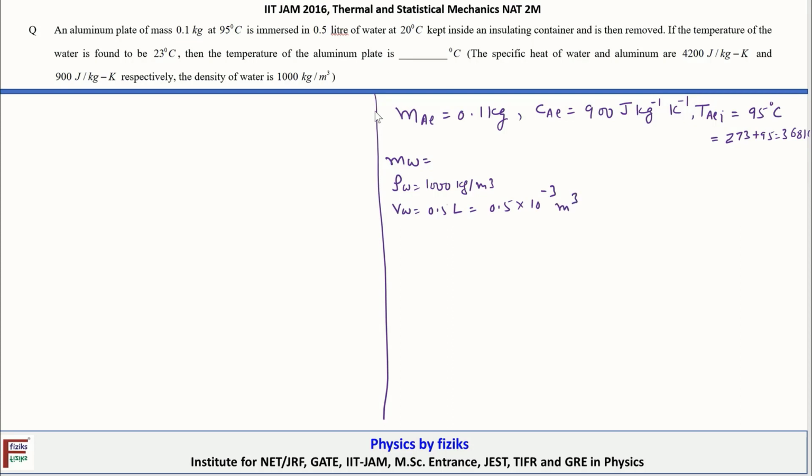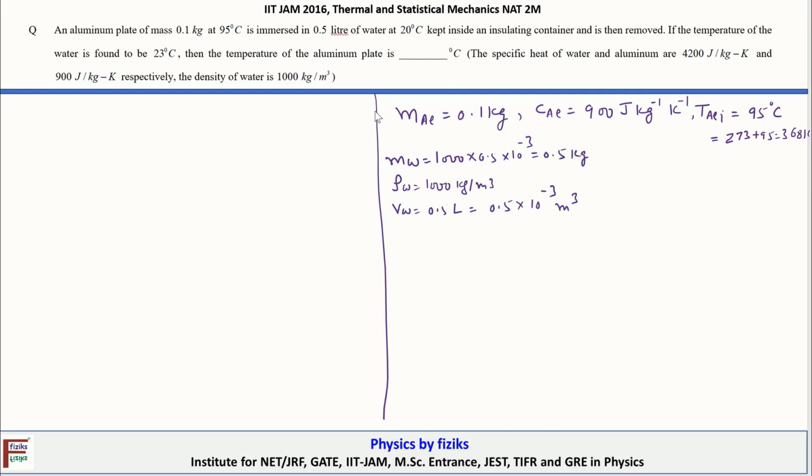We simply multiply the density, 1000 kilogram per meter cube, with the volume, 0.5 into 10 power minus 3 meter cube. Ultimately this will come equal to 0.5 kg.